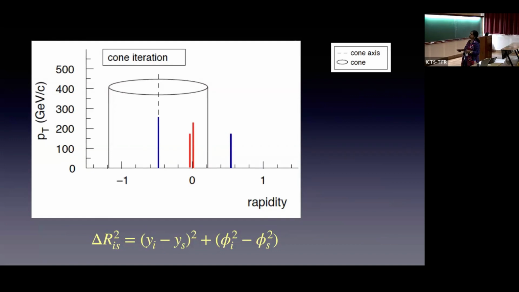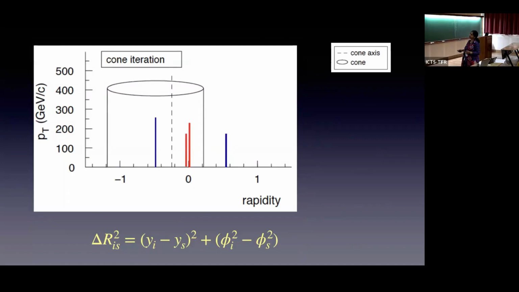Now you see that this particle is excluded, which was not the case with the former seed. Now you have 3 particles inside, then you sum all the 4 momenta, and you see that the new momenta lies here, so you have to shift.